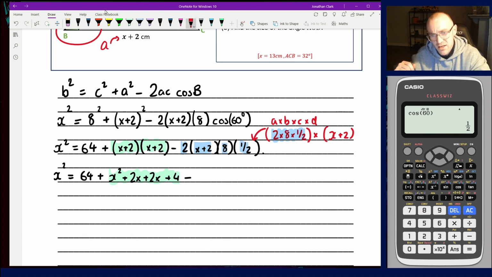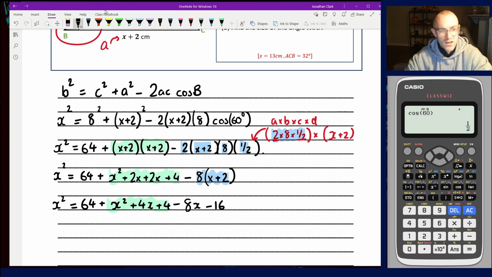2 times 8 times a half, 2 times a half is 1, and then 1 times 8 is 8. So this is going to be working out as 8 lots of x plus 2, which I'll go ahead and expand on the next step. That is the result of my previous bracket, and then if I expand this out, it's going to be minus 8x minus 16.